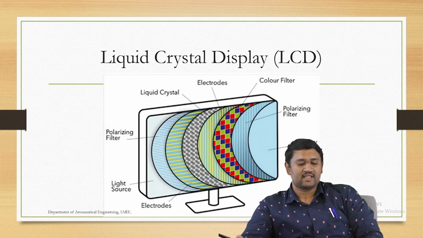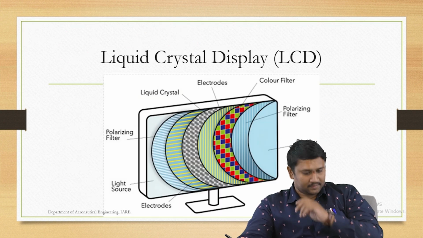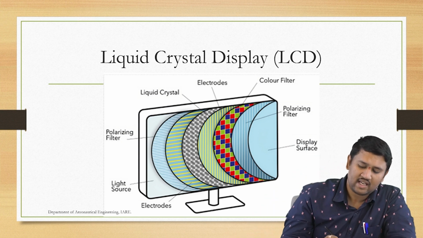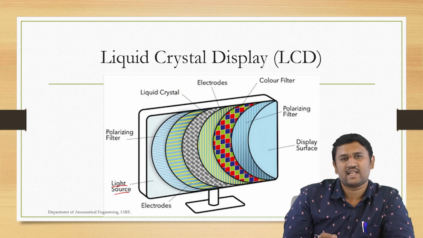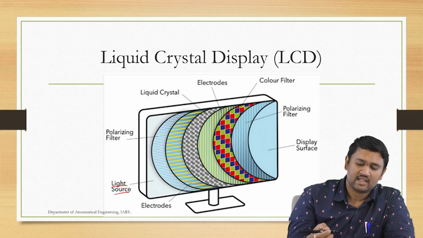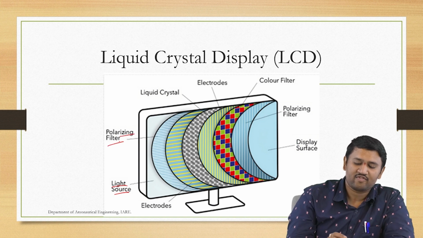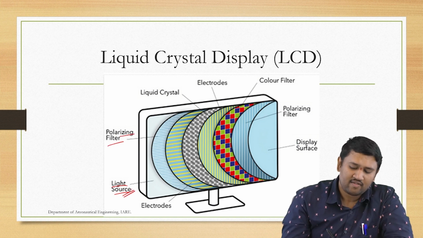Next is your LCDs. How will the LCDs work? First, they will have a light source, any simple LEDs, right? Next, we will be using a polarizing filter, which polarizes the light which you are getting.